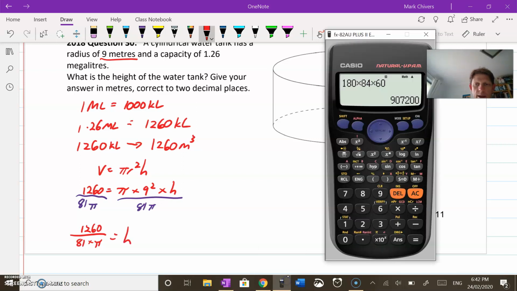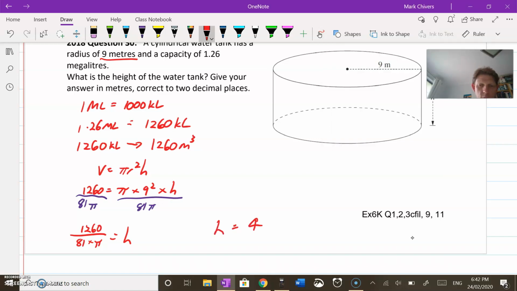If I plug all that into a calculator, 1,260 over 81 times pi, and hit equals, I get 4.95 to 2 decimal places. So height equals 4.95 metres. Okay, so you just got to be able to do these questions back and forwards.